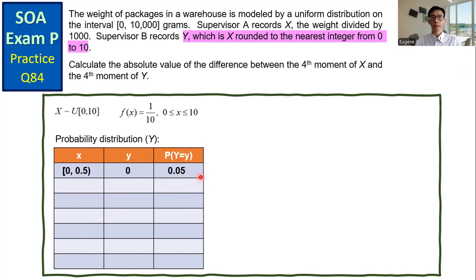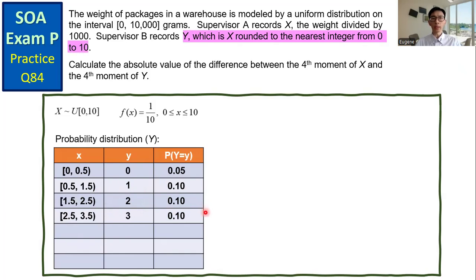And then if X is at least 0.5 but less than 1.5, Y rounds to the nearest integer, which is 1. The corresponding probability is 0.1. And similarly, if X is at least 1.5 but less than 2.5, Y equals 2, and the probability is 0.1.